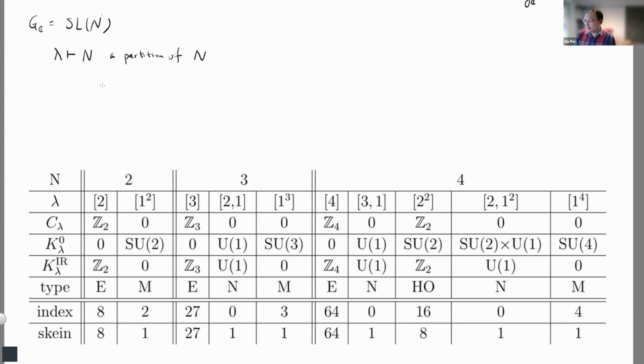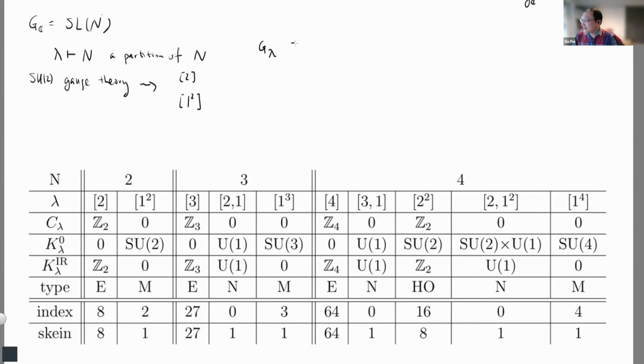So if I take the SU2 gauge theory, now in the infrared I have two phases labeled by these two partitions. And I have an infrared gauge group. I will denote it as G lambda.